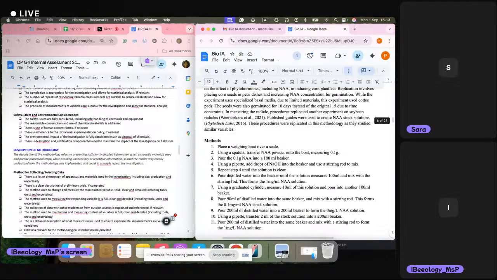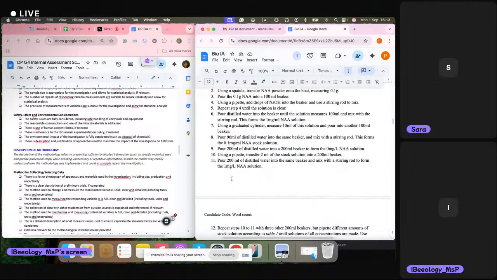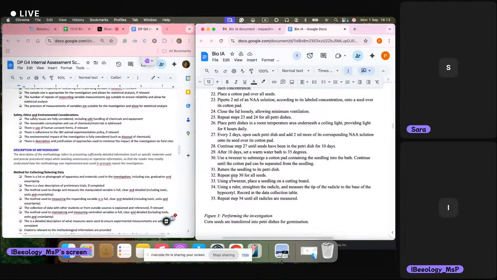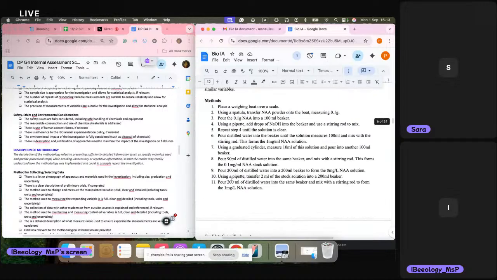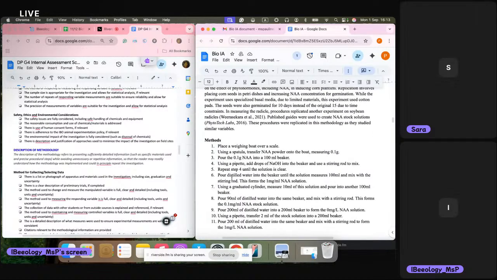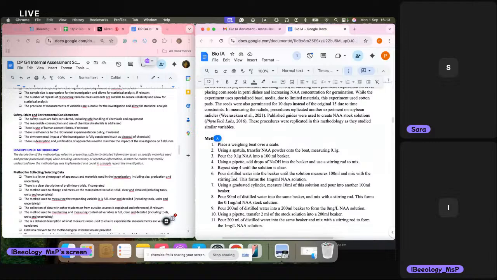All right, now let's go over your methods. How many steps? Wow, 35 steps. Repeatable weighing, place the weighing boat.